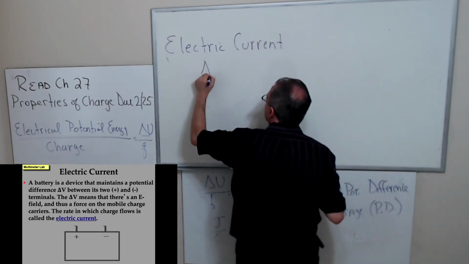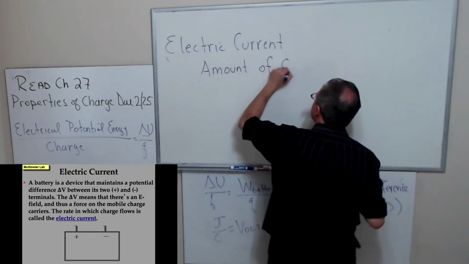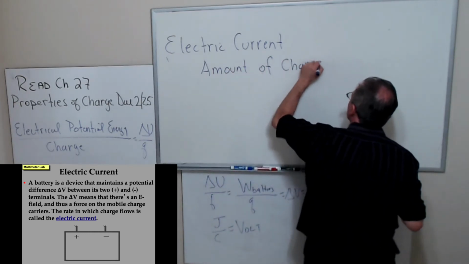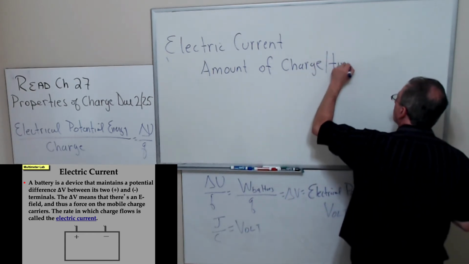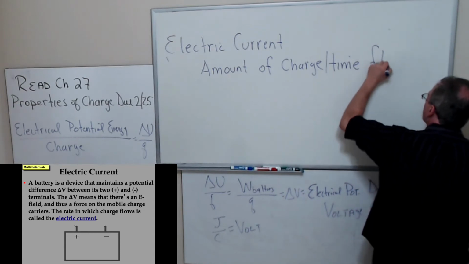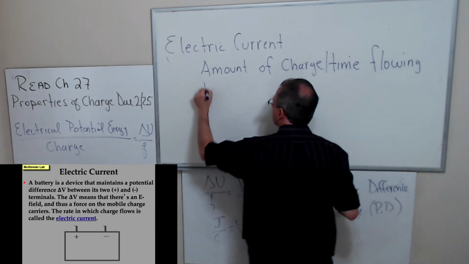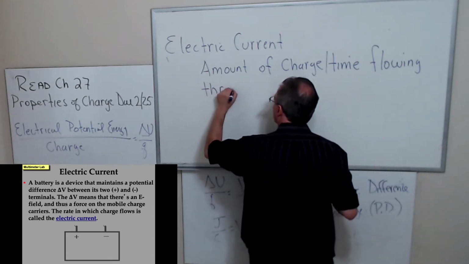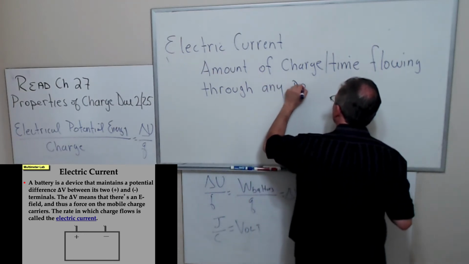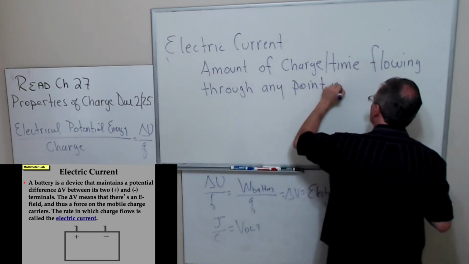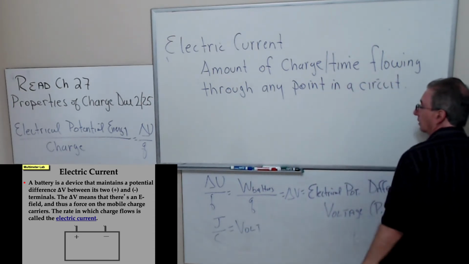It's the amount of charge per unit time flowing through any point in a circuit.